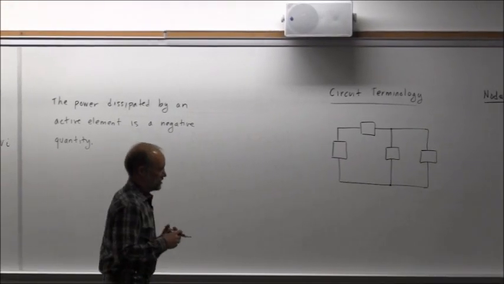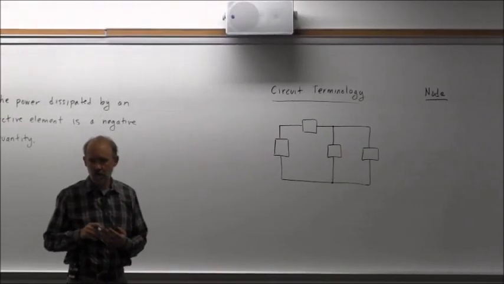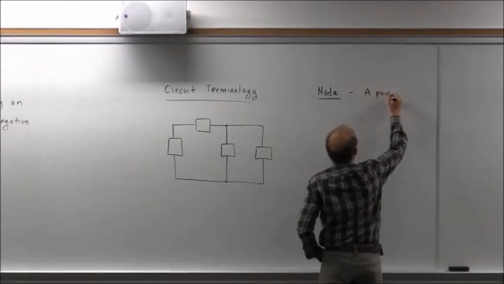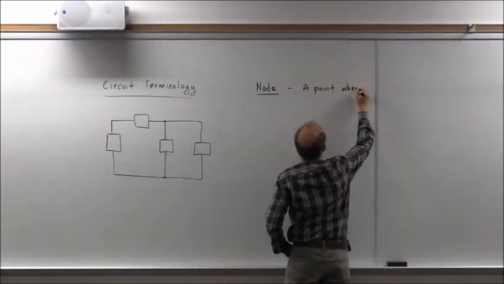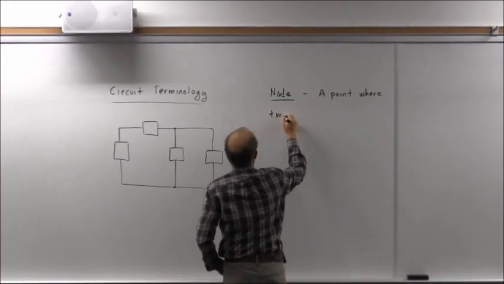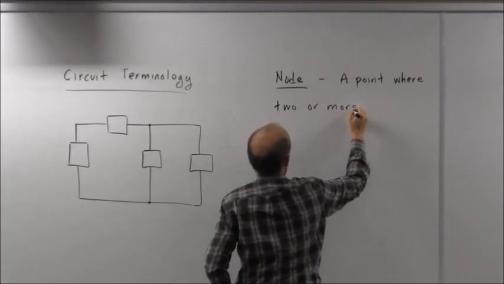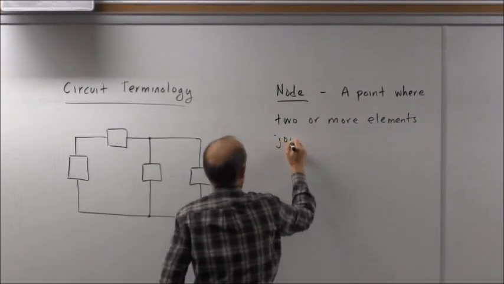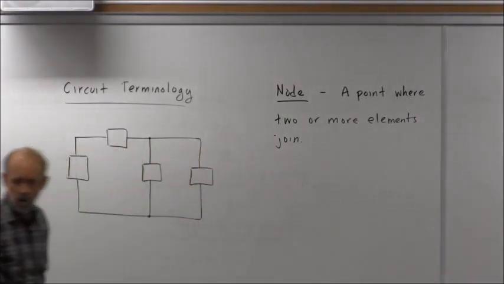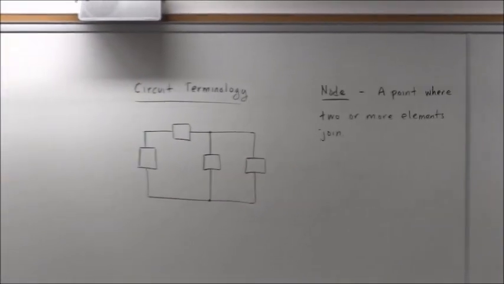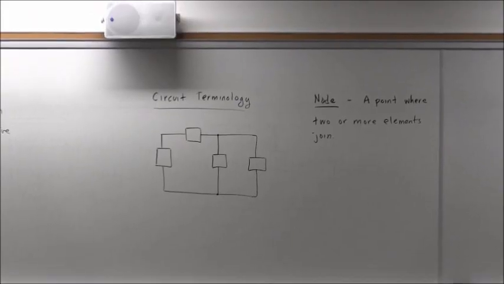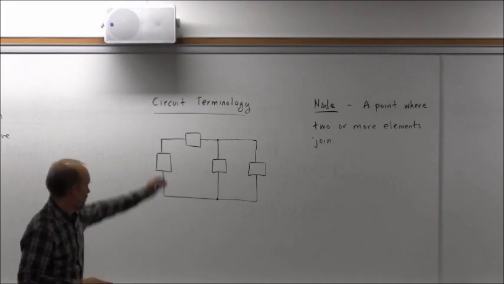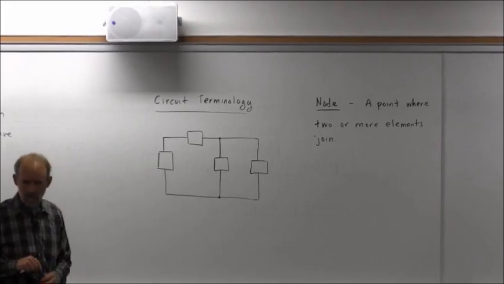So a node is described as a point where two or more elements join. But the textbook does make the distinction between what's called an essential node and a non-essential node, but for now, a node is just a point where two or more elements join.